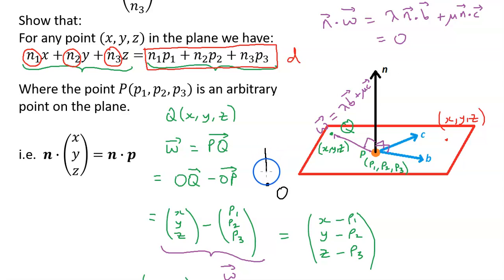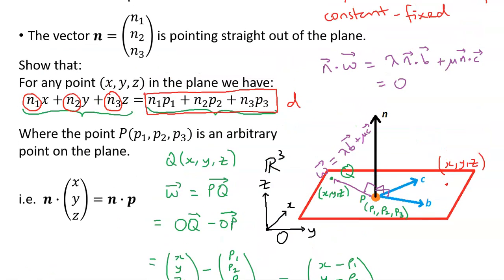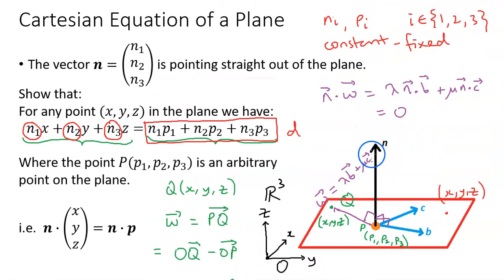Somewhere we have the x, y, and z axes. Maybe it's over here. So this can be x, this can be y, and this can be z. And then we have our big plane somewhere over here in this three-dimensional space, R3. Alright, so if we can find our vector n, we're in business. We've got our Cartesian equation of a plane, and it's much easier than whatever we were trying to do before.